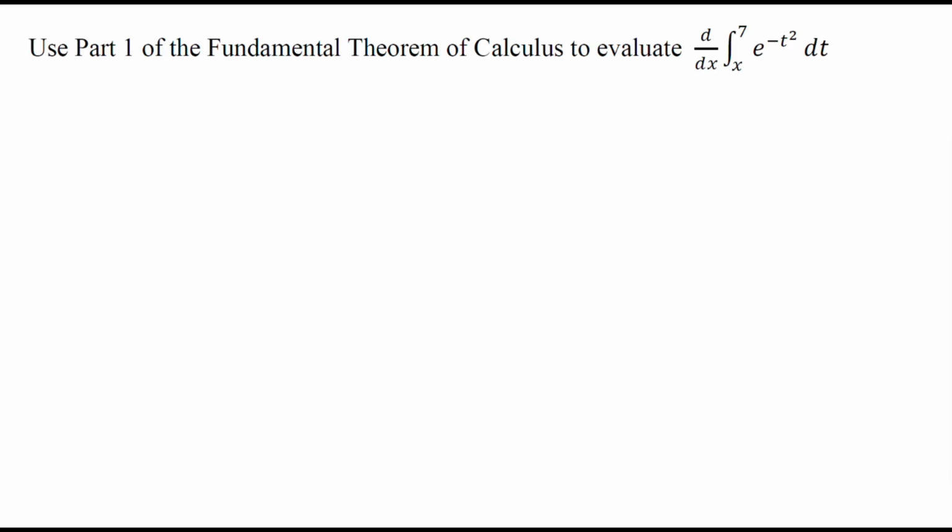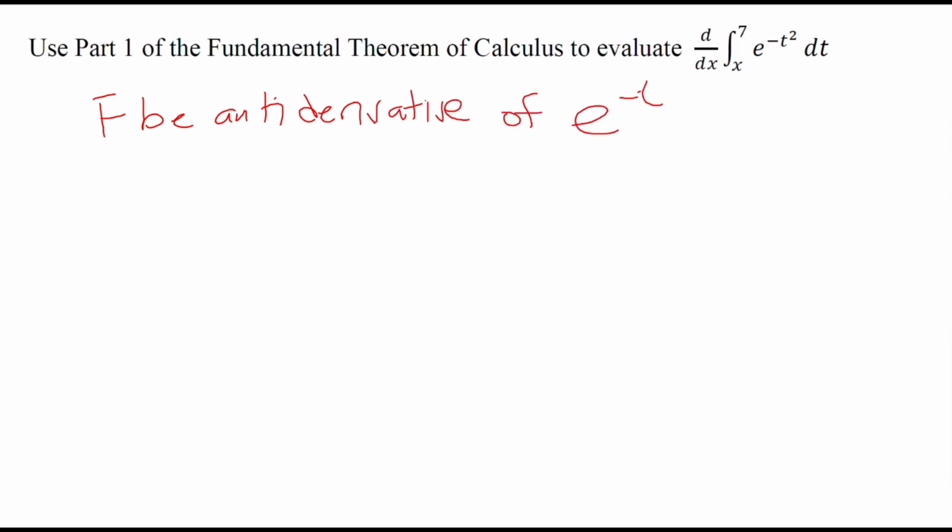For our next one here, we've got two options. One is to just do it exactly the same as we've been doing the other ones. So just let capital F be an antiderivative of e to the negative t squared. In fact, both ways are going to have us do this. And one option here is just do the exact same thing.